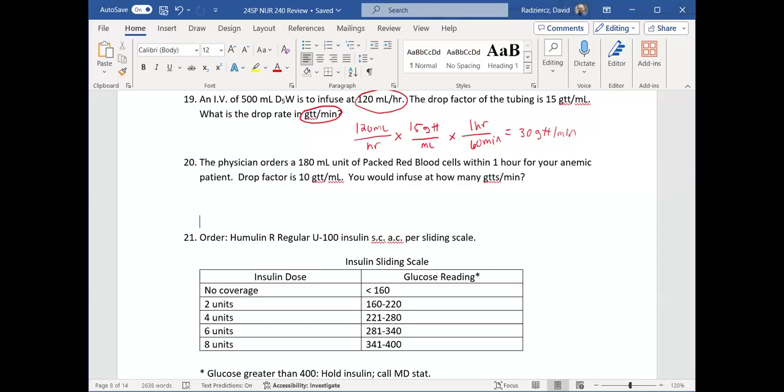Because I know I'm looking for drops per minute, I'm just going to shorthand this and simplify things so I don't have to worry about making the conversion, because I know that 1 hour is 60 minutes and I'm looking for minutes. Okay. And then times my drop factor. And then I'm going to get the same that I got before, 30 drops per minute.